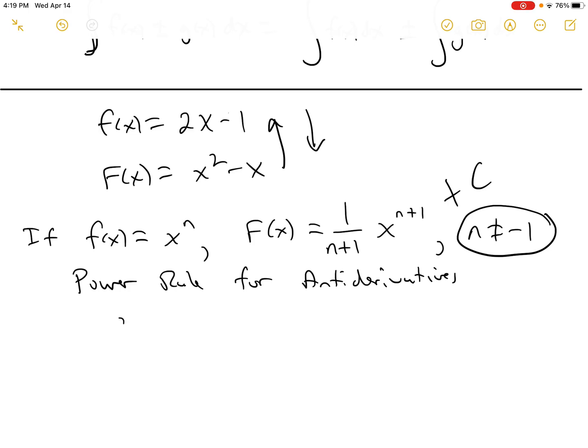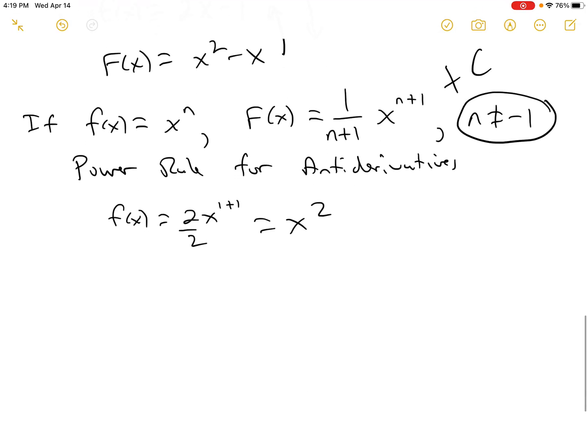So if f of x is 2x like above, then there's a 1 here. So you add 1 to that, and then divide by 2, so you get x squared. Right? Just to use different notation, if you have x to the fourth, right?